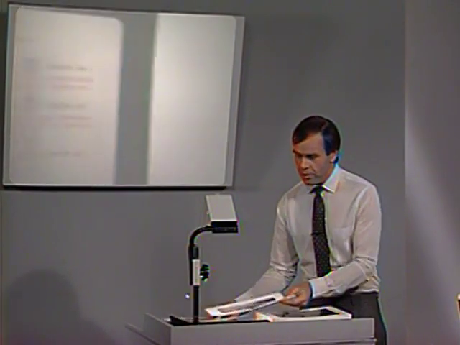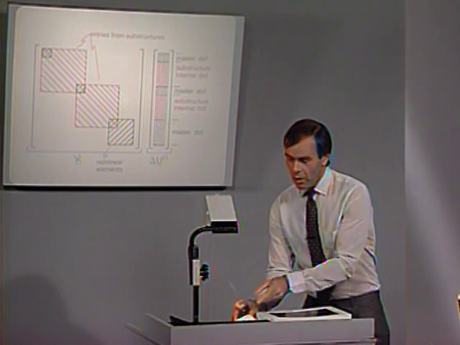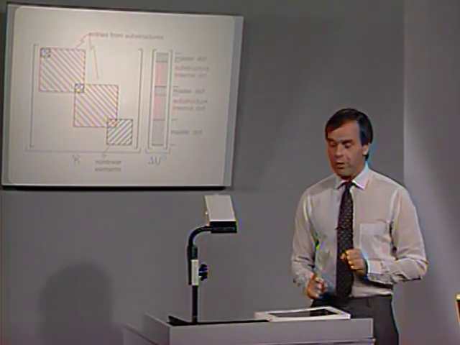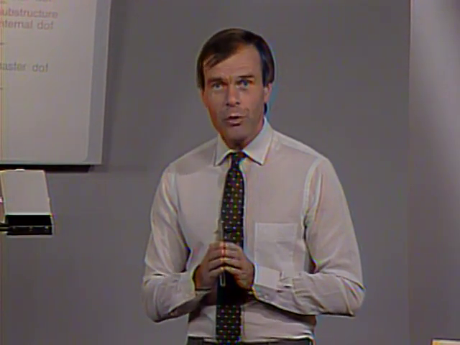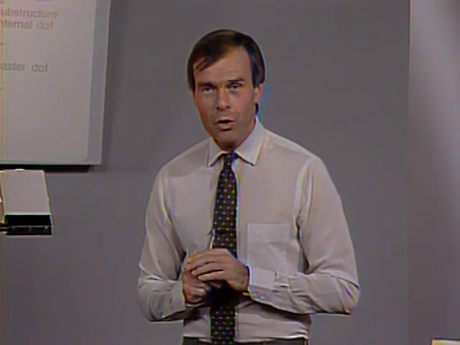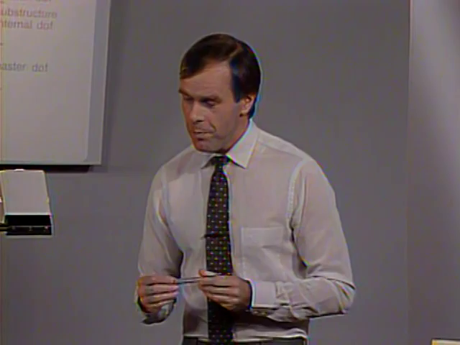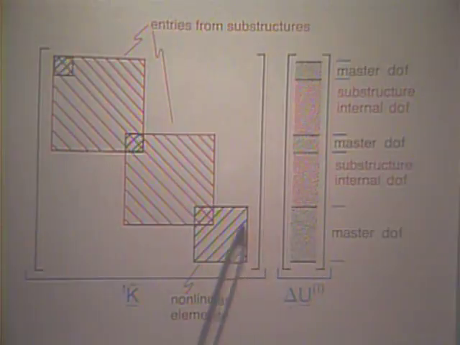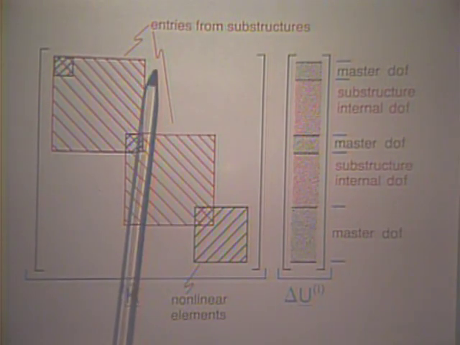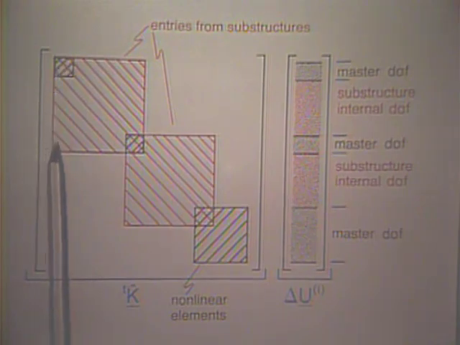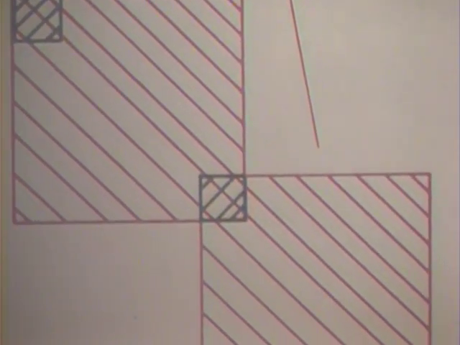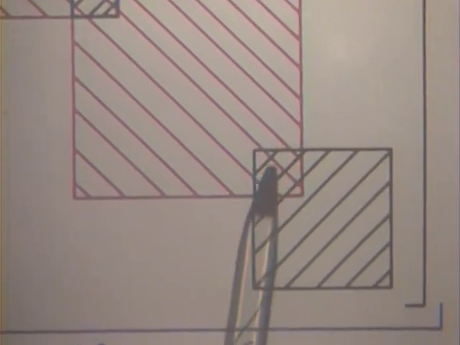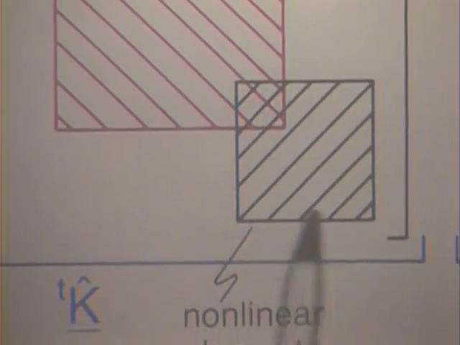If we look at the stiffness matrix, or the effective stiffness matrix, of this structure that we would encounter in a direct integration solution using implicit time integration, schematically we see the following. Notice here we have the entries coming from the substructures, and here we have entries from the master structure.